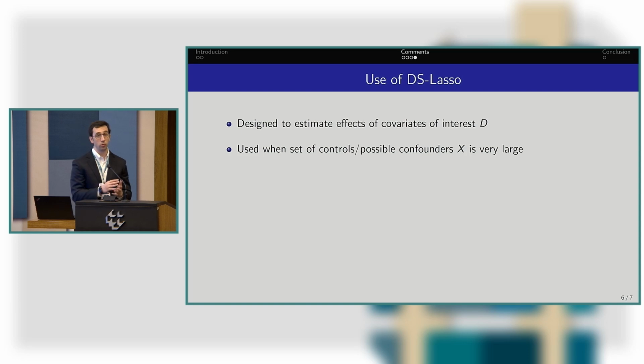And it's really useful when you have a wide set of controls and, crucially, possible confounders, things that you don't really care about so much, but are concerned that they may be correlated with your covariates of interest D, and want to allow yourself to control for.